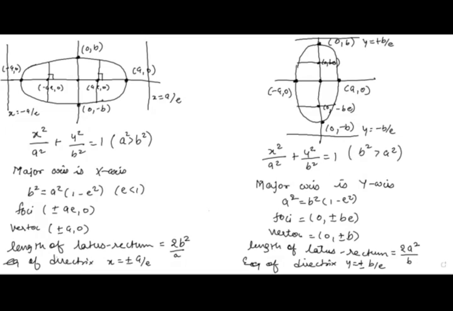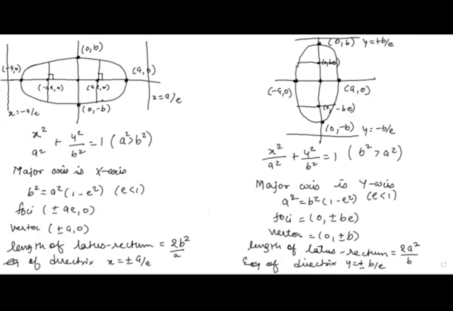If your value of a square is greater than b square, then the major axis is x-axis, whereas if the value of b square is greater than a square, then your major axis is y-axis. Meanwhile, here the value of eccentricity will be less than 1, whereas in case of hyperbola, the value of eccentricity will be greater than 1.